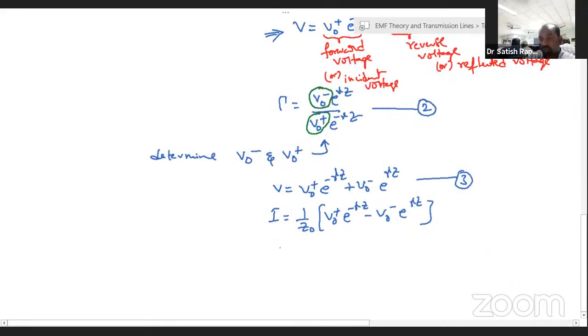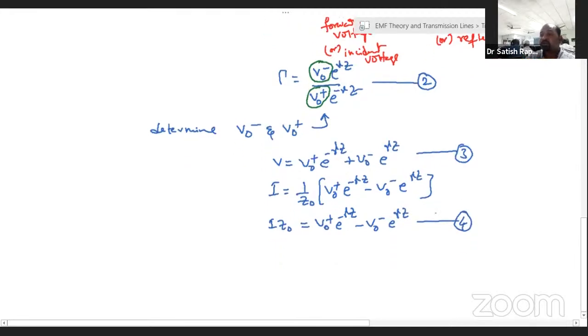This equation can be simplified like this: I Z naught is equal to V naught plus e power minus gamma z minus V naught minus e power gamma z. Let us say this is equation 4. Solving equations 3 and 4, we can determine V naught minus and V naught plus.